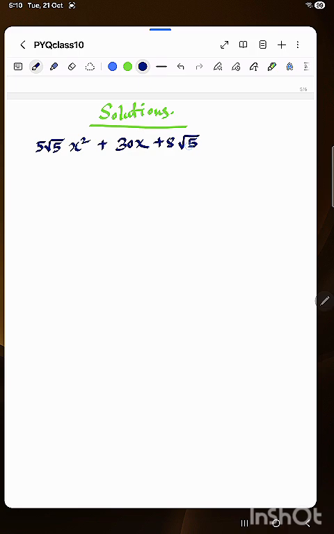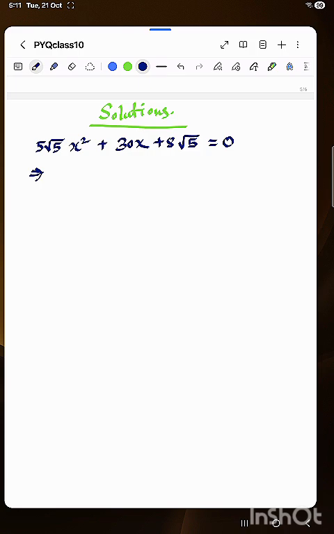Now I have to find its zeros, that means I have to get the value of x for which this expression of the polynomial can be 0. So first step, we will equate the polynomial with 0. Now this is an equation, you have to solve it for x.